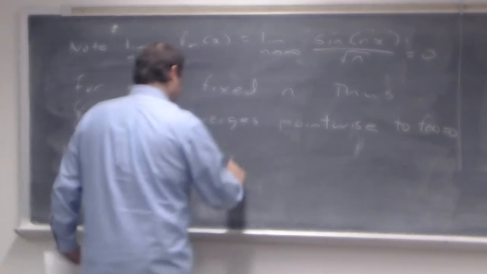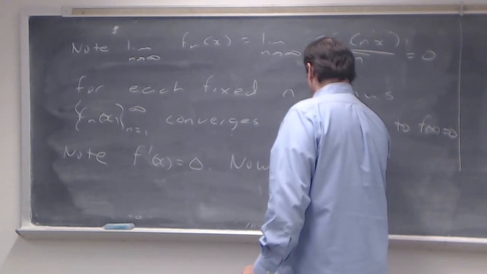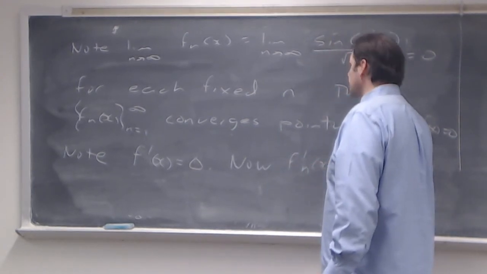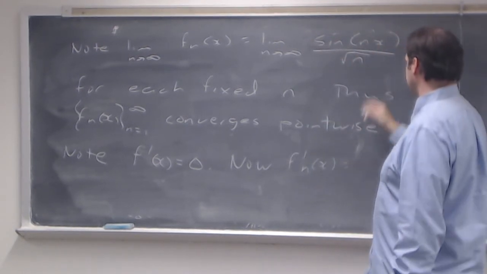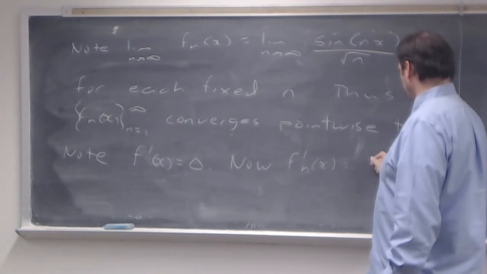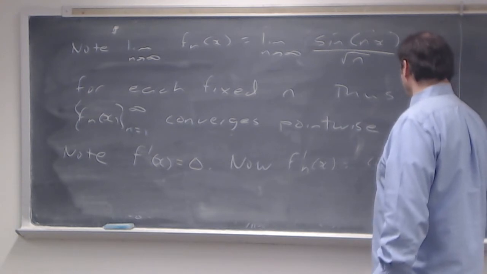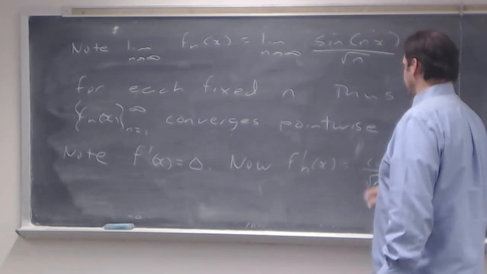Now, let's look at the derivative of f sub n of x. Remember what f sub n of x is. When I take its derivative with respect to x, the square root of n in the bottom is a constant, so I just write down 1 over square root of n.